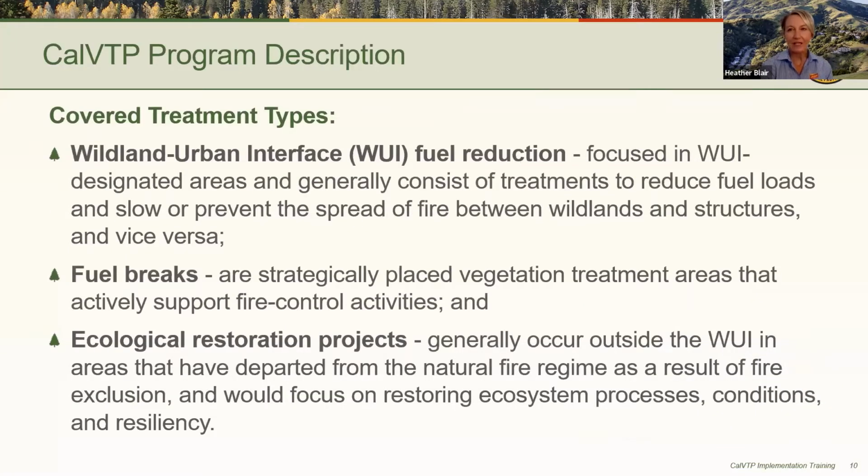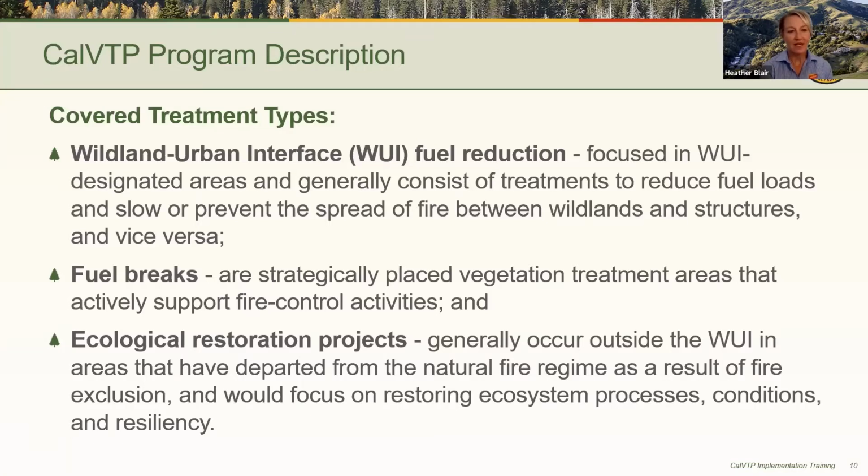The CalVTP includes 3 treatment types that would be implemented within the treatable landscape. First, there's the wildland urban interface, or WUI, fuel reduction treatment type. This one is focused in WUI designated areas and generally consists of treatments to reduce fuel loads and slow or prevent the spread of fire between wildlands and structures and vice versa.